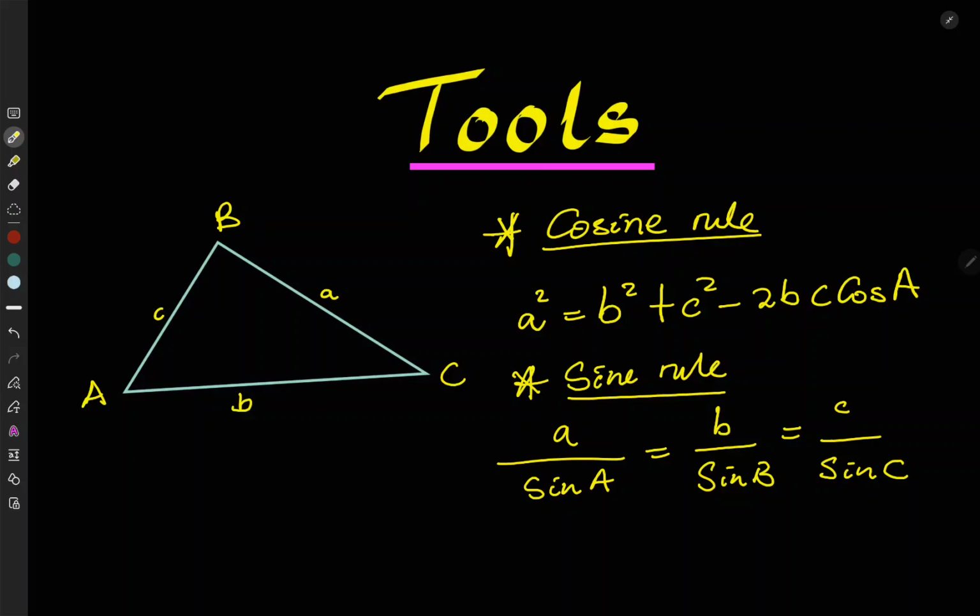When do you use the sine rule and when do you use the cosine rule? I'll make a video on that to explain. But now let's look at an example of how to apply this in 3D trigonometry.